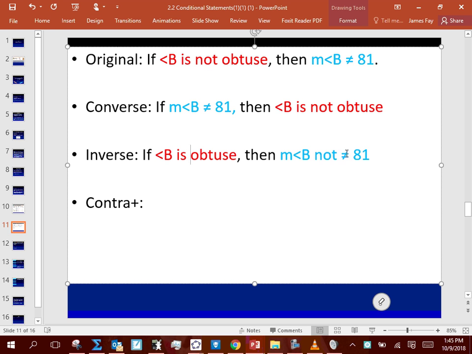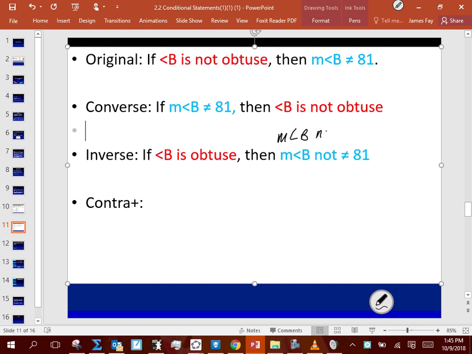Here, when I negate, remember what this means, the way I've written this using symbols, okay? We've got the measure of angle B not equal, or not is, let's do it this way. It's kind of hard.